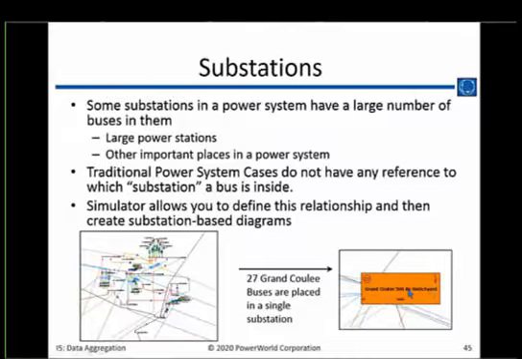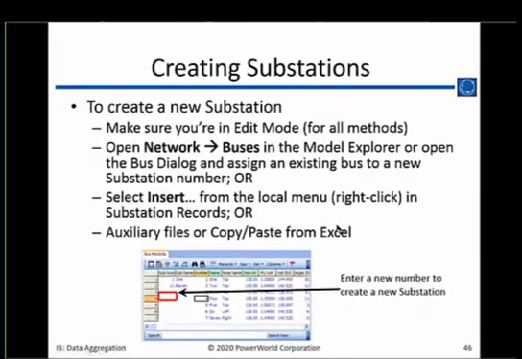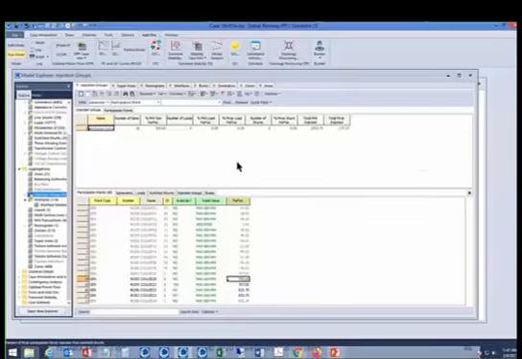This is just the name of it. These icons here just show you that it contains some generation and it contains some load. There's some local station load that's in there somewhere. So basically creating a substation is the same as what we've done for the other aggregate objects.